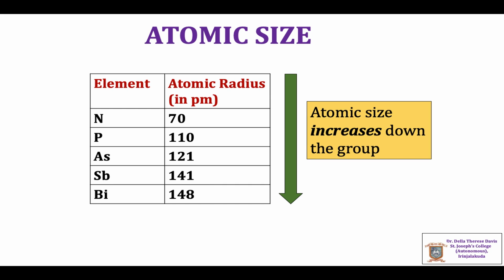As a result, the increased nuclear charge is felt more on the outer electrons of arsenic, antimony and bismuth. As the effective nuclear charge is more felt on these electrons, they are pulled more towards the nucleus and thus there is no pronounced increase in the atomic radius.